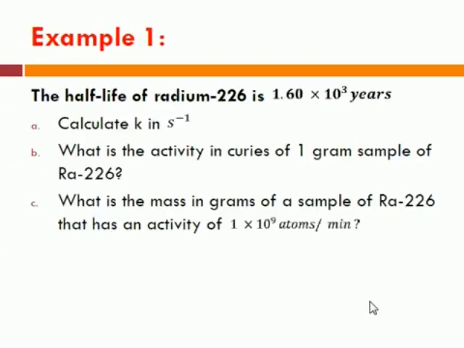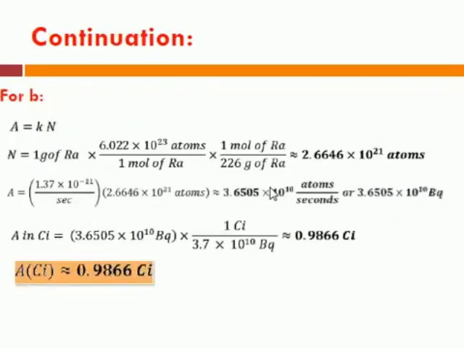So for letter B, what is the activity in curies of 1 gram sample of Ra-226? So we're asked to find the activity in curies of 1 gram sample of Ra-226. The formula for the activity is equal to kN.